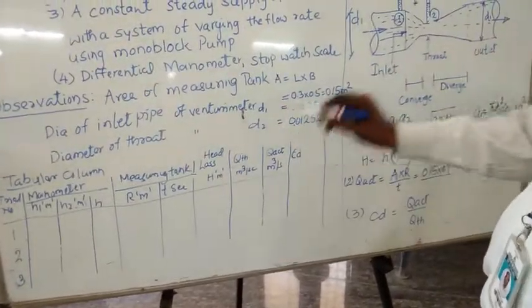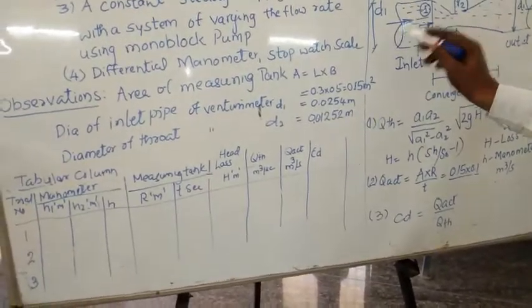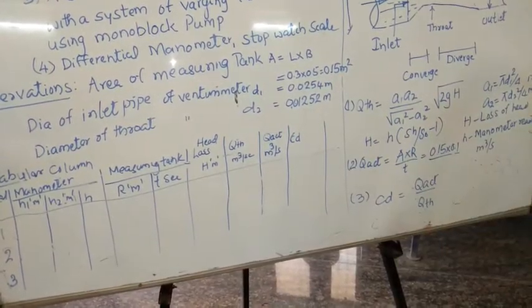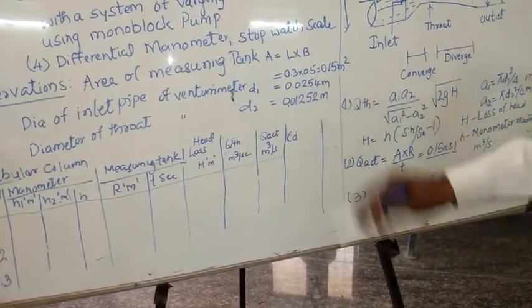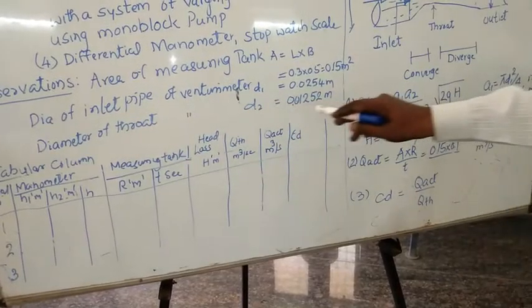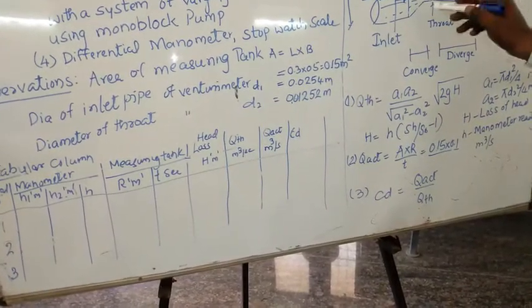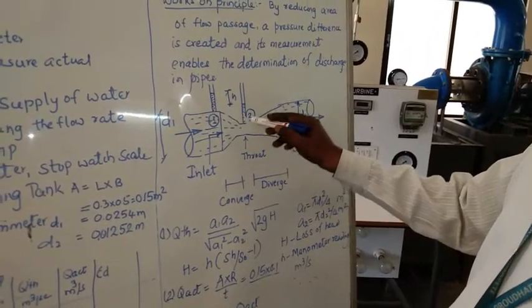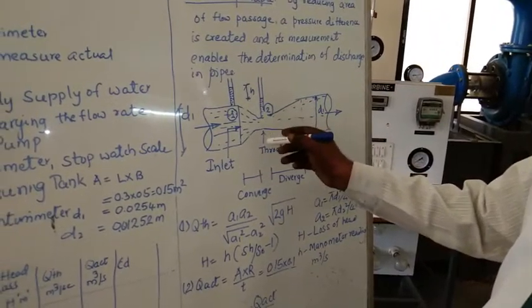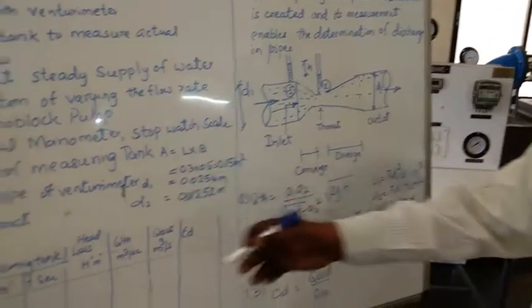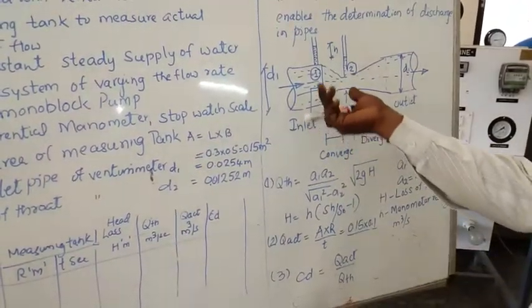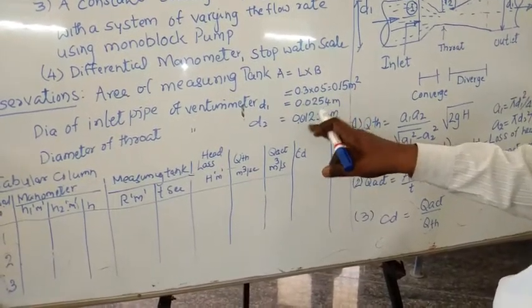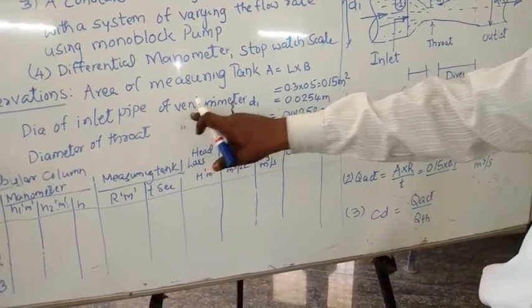Here the diameter of the inlet pipe D1 is 1 inch, that is 0.0254 meters. For the diameter of the throat portion, I already told you that the principle of this Venturi meter is reducing the area of the flow passage and finding the difference in head between the two portions, so we are able to measure the discharge, that is our rate of flow.